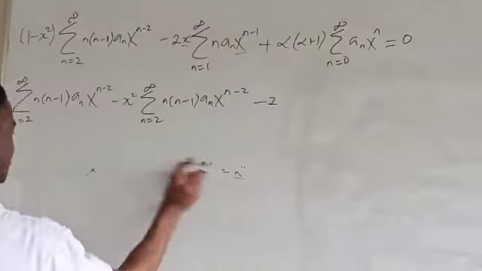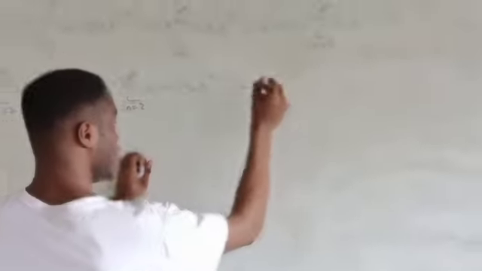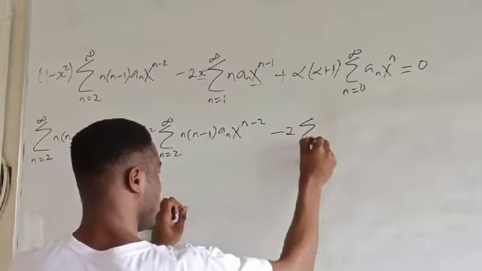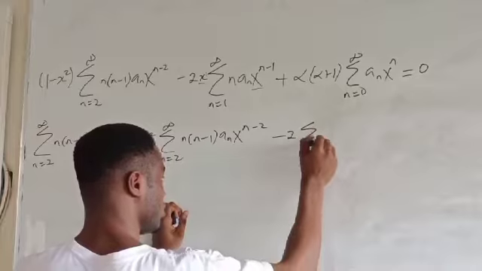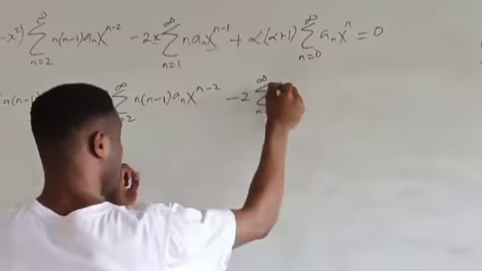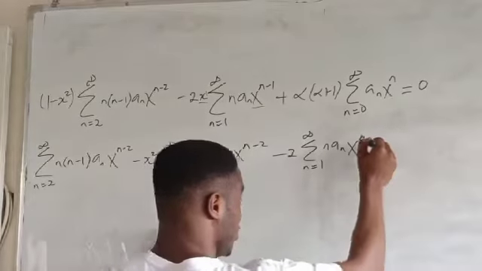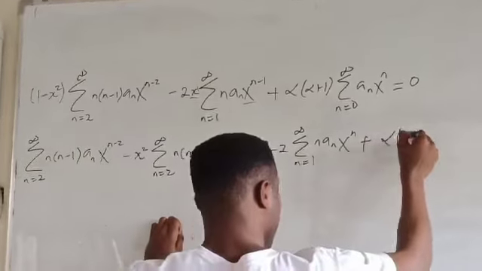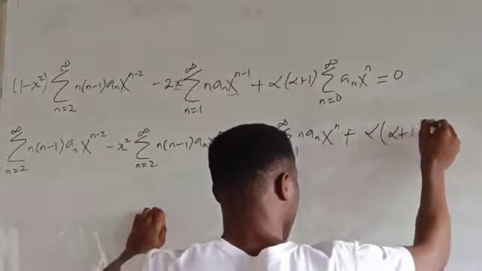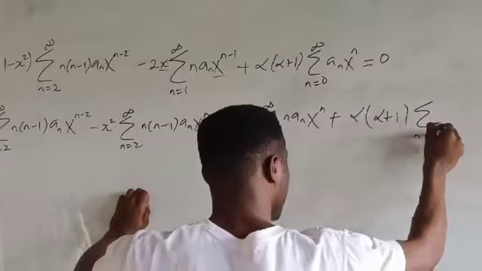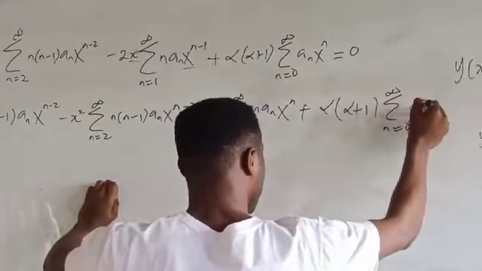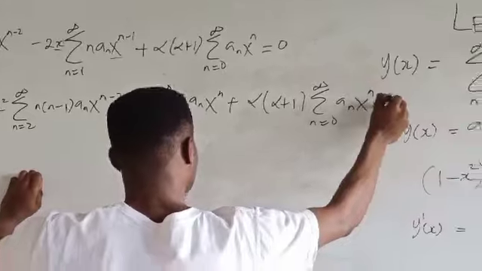So using this, I'm going to have the summation from n equals 1 to infinity n a subscript n x to the power of n, plus alpha bracket alpha plus 1 summation of n equals 0 to infinity a subscript n x raised to the power n, all equals 0.